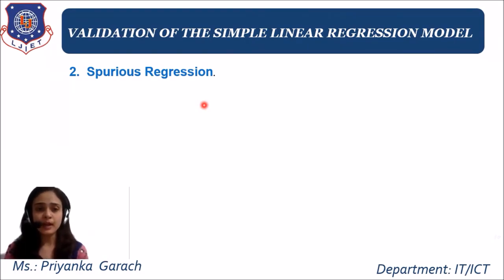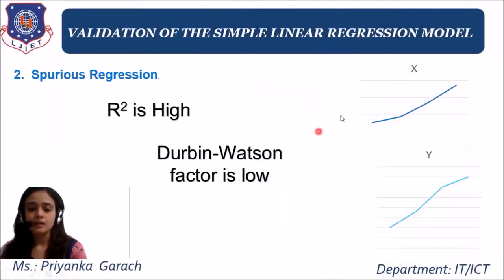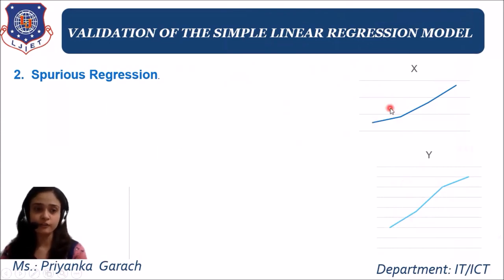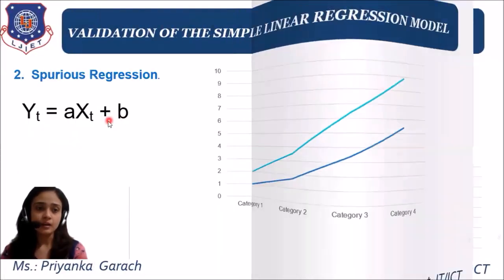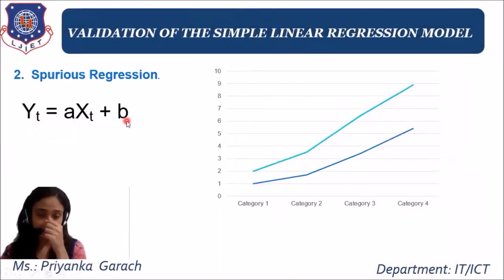In my equation of y and x, previously we were saying that y equals ax plus b, but it is giving us the illusion. The value of y is not dependent on my value of x.